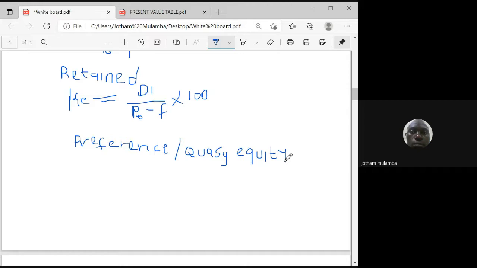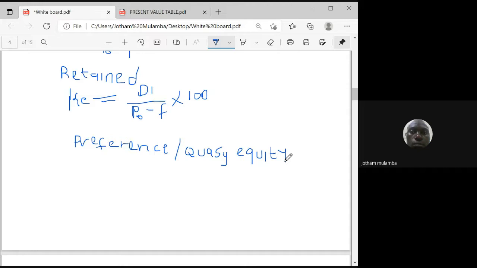We have to clear the dividend in arrears before we can pay dividend for the current year. So that's why we refer to them as cumulative. For non-cumulative, if we don't make profit, we don't pay dividend, but the year we make profit, we only pay for that year. We don't have to pay in arrears. So that's what we refer to as non-cumulative.